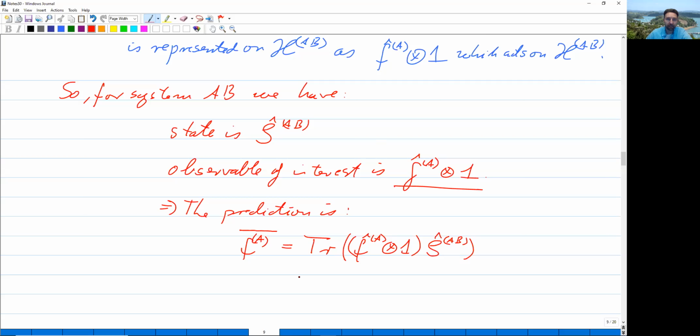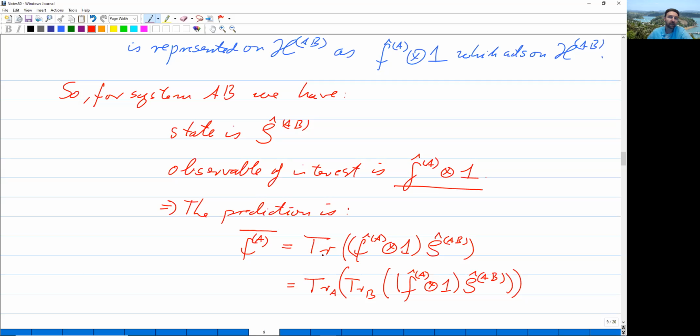Now let's work out what that is. Well, first of all, we know that we can obtain that by tracing carefully, namely first tracing over B and then tracing over A. So it's the trace over A of the trace over B of the observable f hat A tensor the identity rho hat AB.